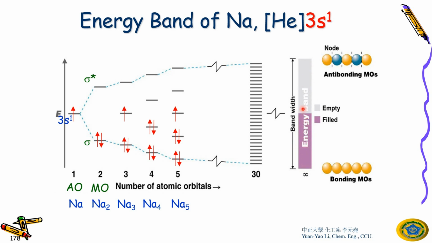This is the anti-bonding molecular orbital. Okay? Right. So bonding, anti-bonding. And you know how to draw the shape of a molecular orbital, right? So this is called bandwidth, and this is called band.